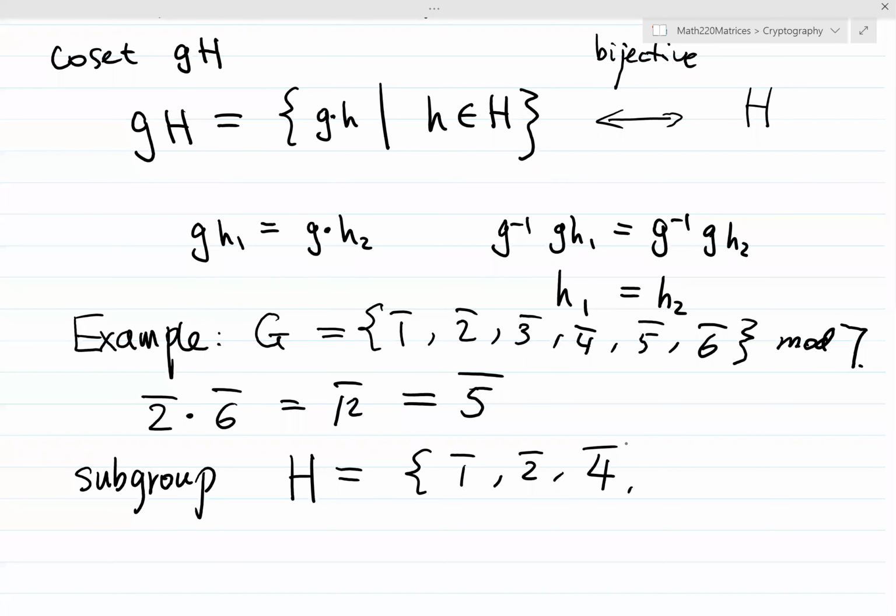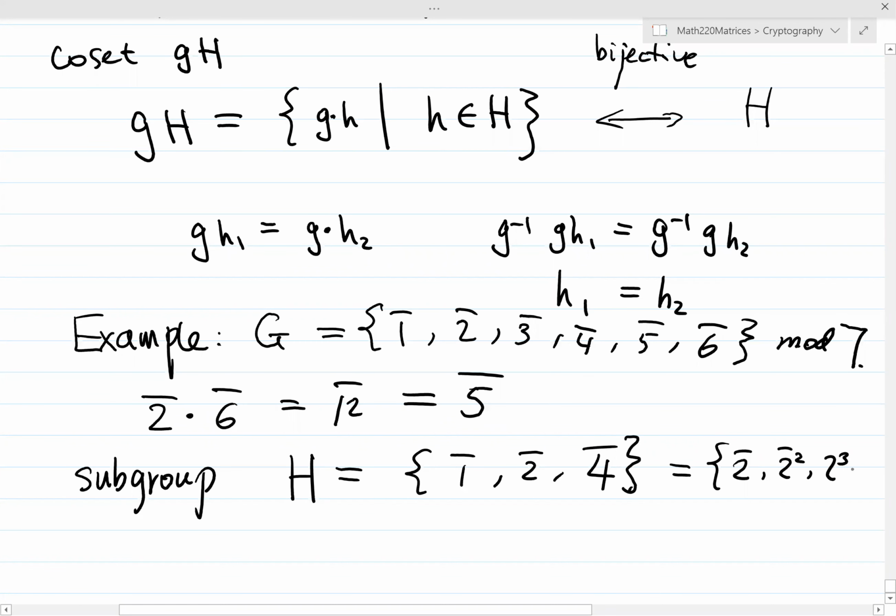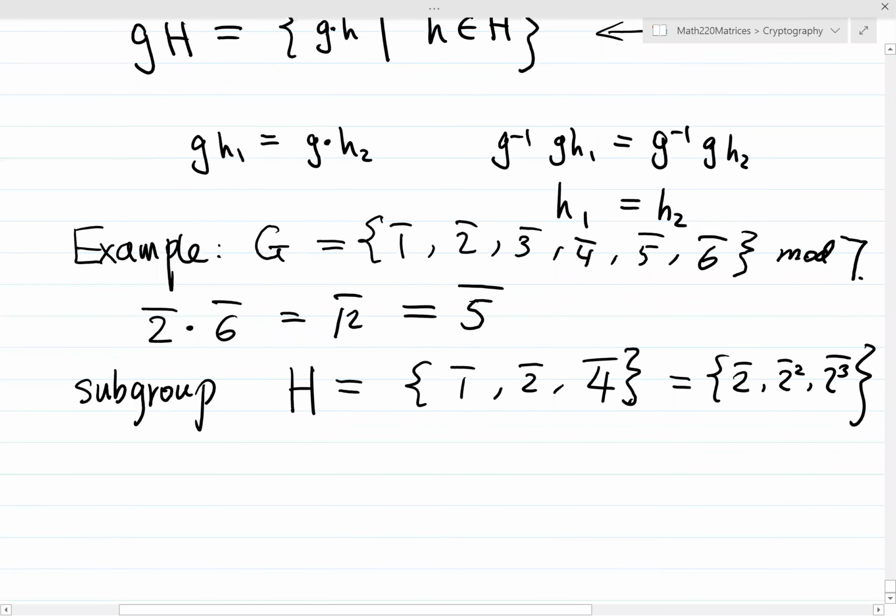So these are powers of 2: 2 to the power 1, 2 to the power 2, and 2 to the power 3, which is just 1, since 8 is congruent to 1 modulo 7. So H has 3 elements.